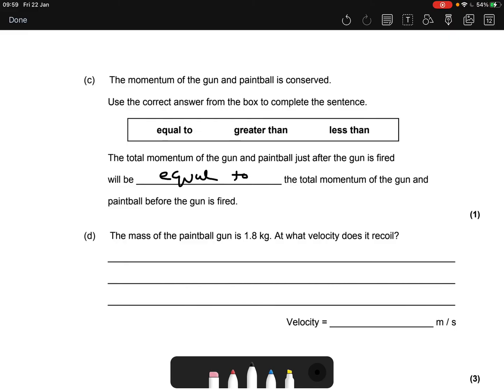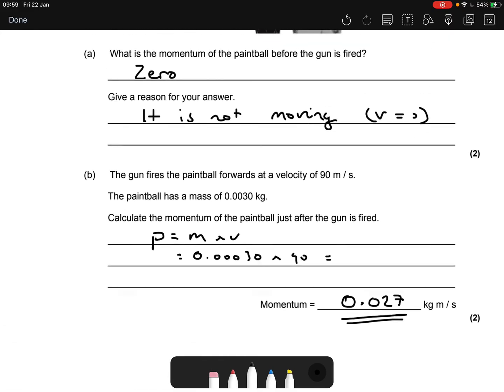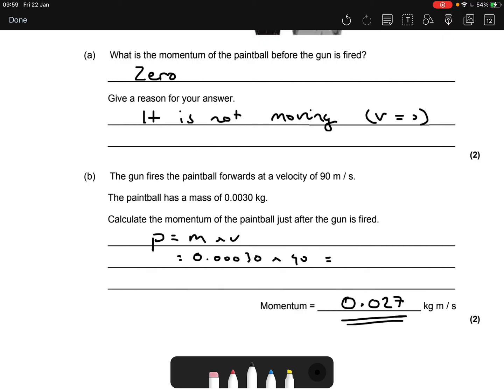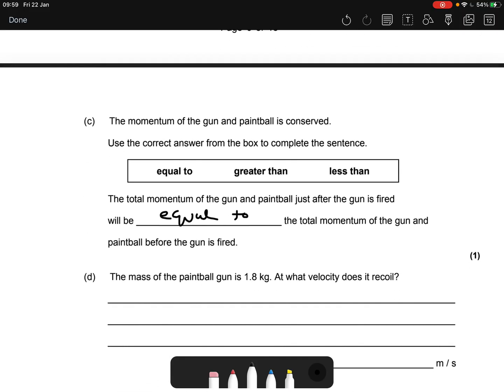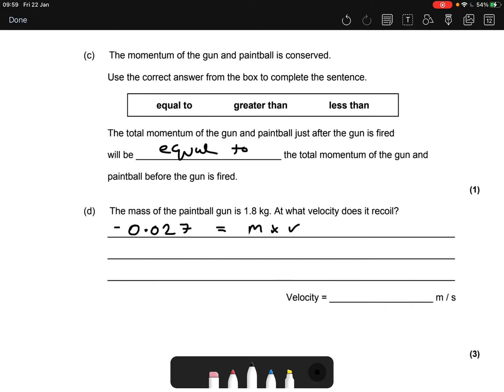So we need the momentum in total to be 0. The momentum of the ball going one way will be equal to the momentum of the gun going the other. So we get 0.027 is equal to mass times velocity, or let's be fair, it's minus because it's a negative momentum. If we said forwards is going one way, this is going backwards.